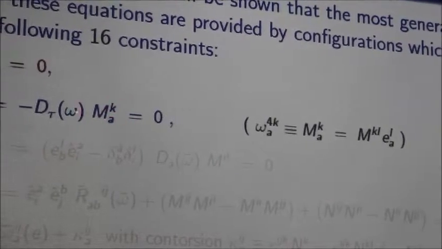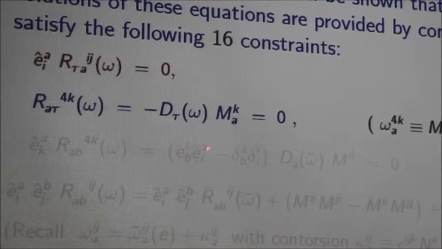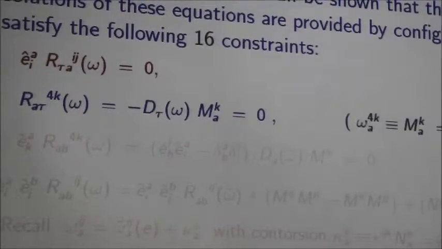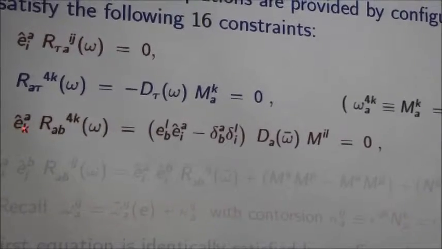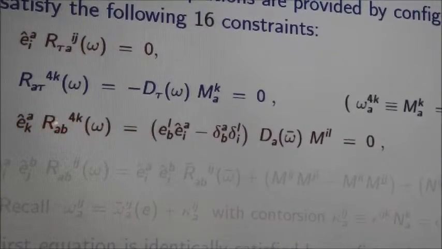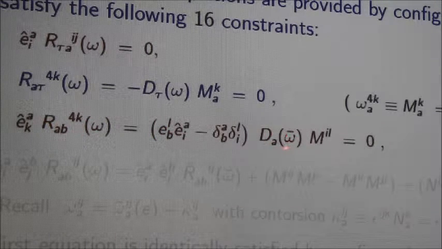So this object is covariantly conserved with respect to tau. Then we have another set of equations: the inverse tetrad E^{AK} contracted with R_{AB 4K} is this combination, a covariant derivative with respect to the torsion-free connection omega bar of M_{IL}, and M_{IL} is a renaming of the 6 fields in this particular way in this connection field.